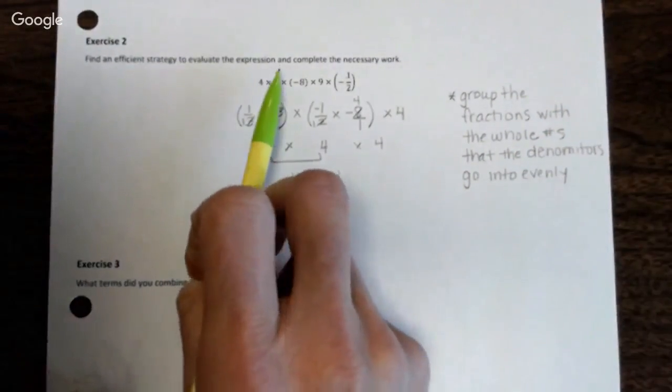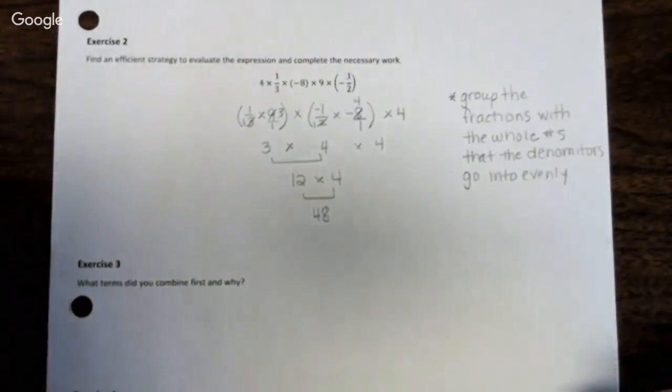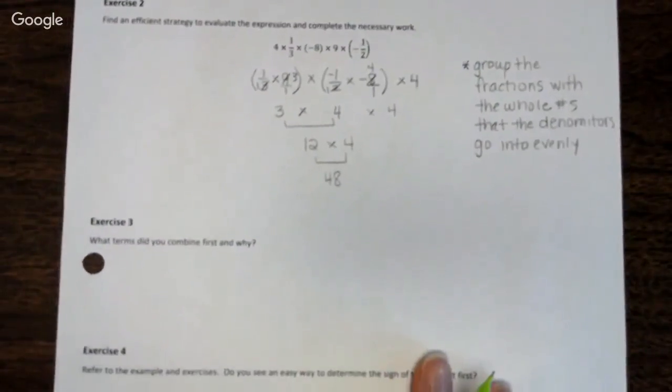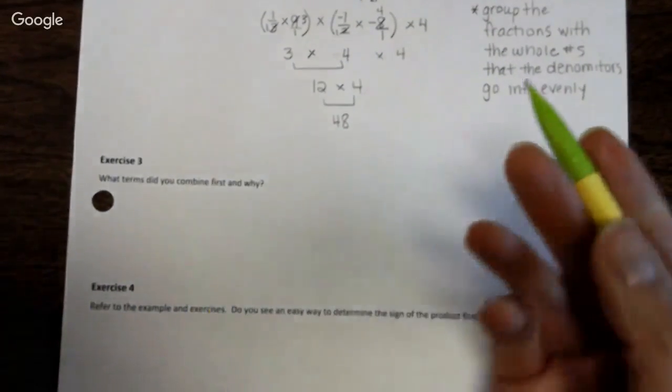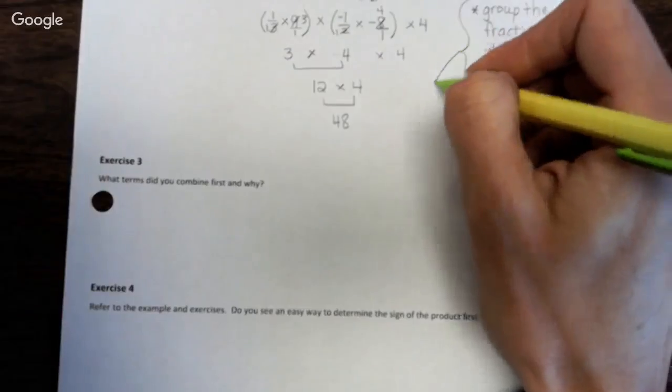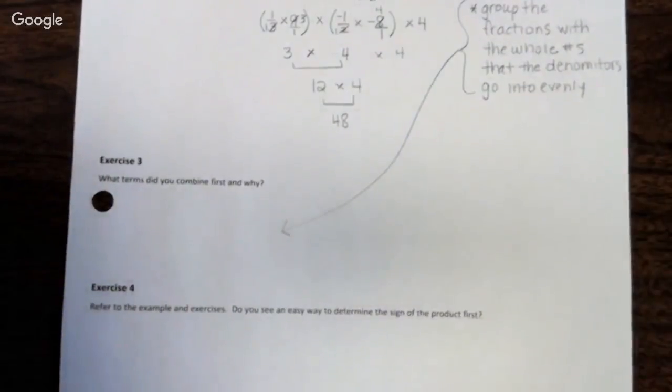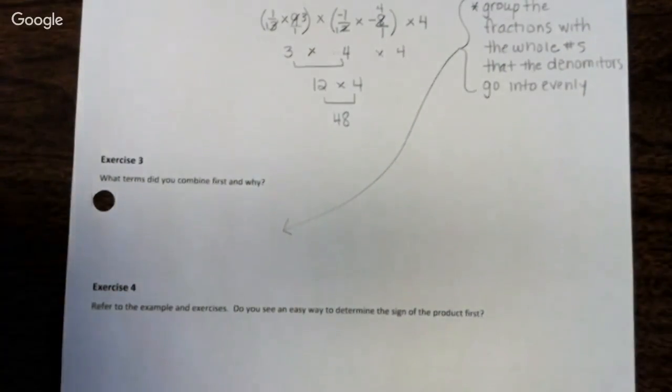Notice I wouldn't group 1/3 with 8 because 3 doesn't go into 8. Now it says, what terms did you combine first and why? Well, actually, we could have just written this right here. We grouped the fractions with the whole numbers that the denominators go into evenly.